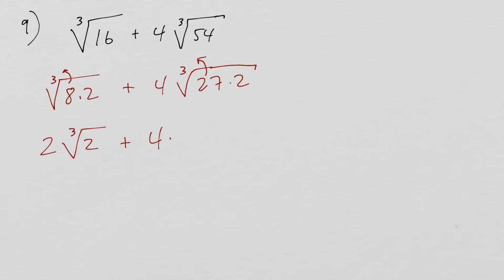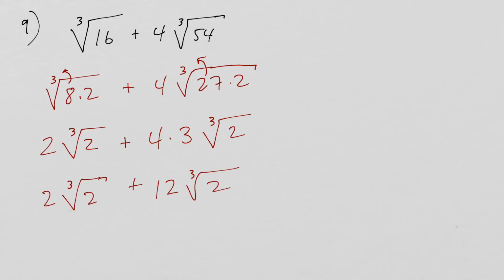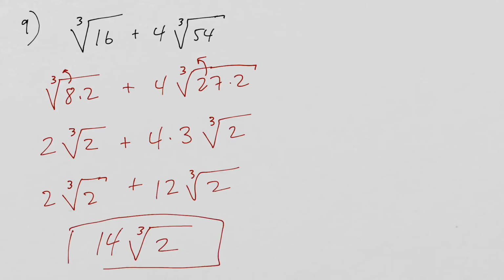So we have 4 times 3, which is 12. So now we have 2 plus 12, which is 14 times the cube root of 2. Now be very careful to remember to write your index. It's a common mistake to forget to write that at some point.